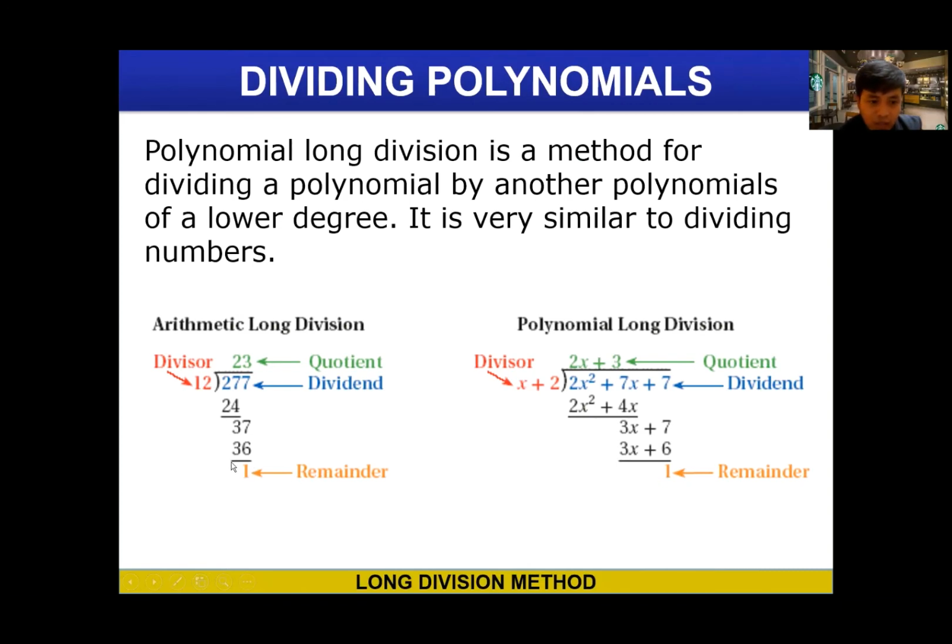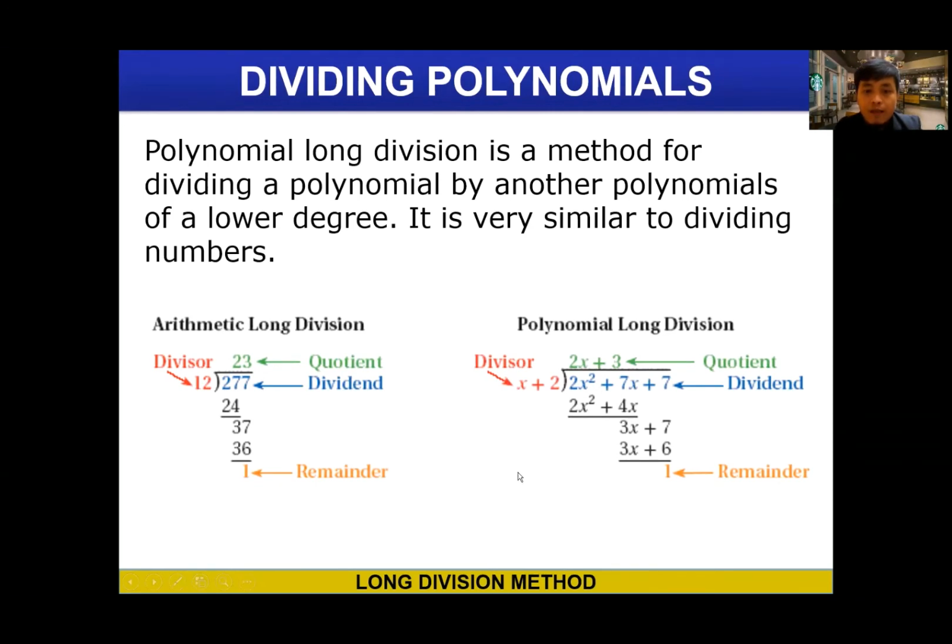It is a remainder when it can no longer be divided by the divisor, or when you divide this by the divisor, it will not give us a whole number answer. So that's already your remainder.